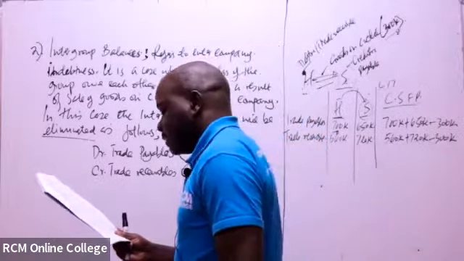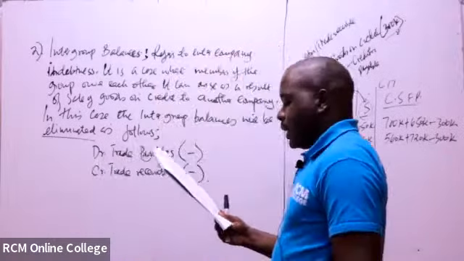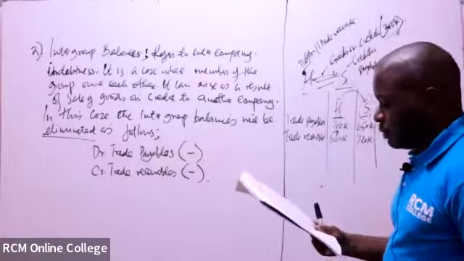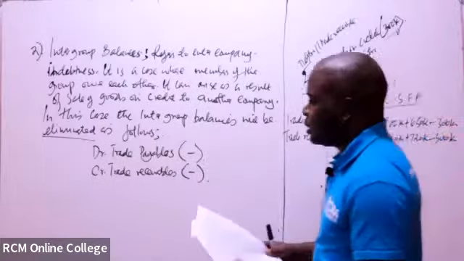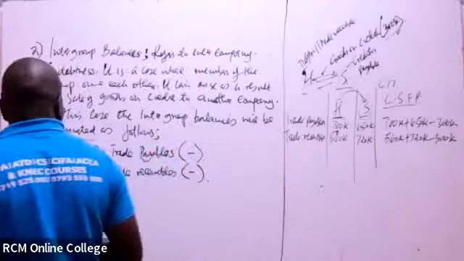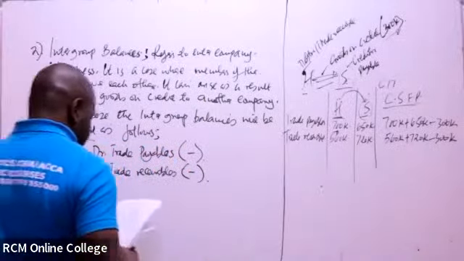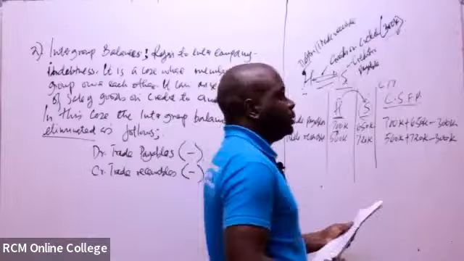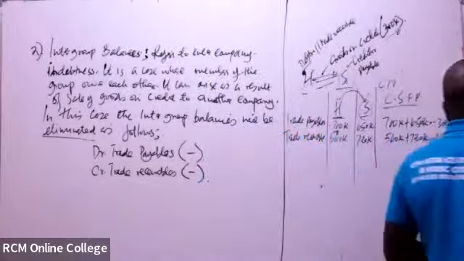So before eliminating the intergroup balances, full stop, you will say the following entries will be passed.